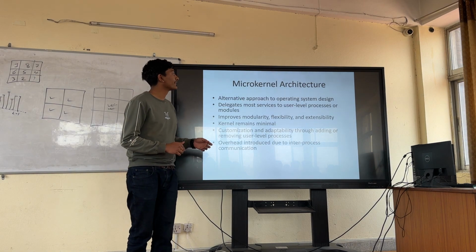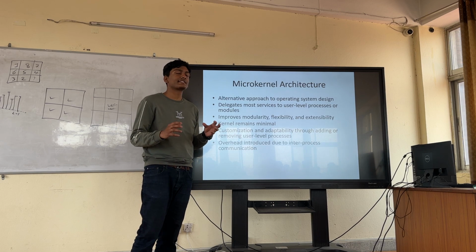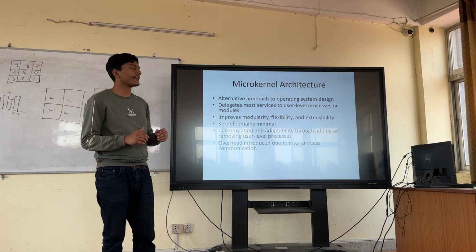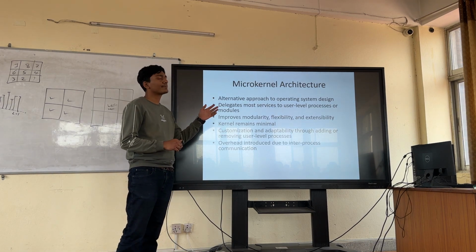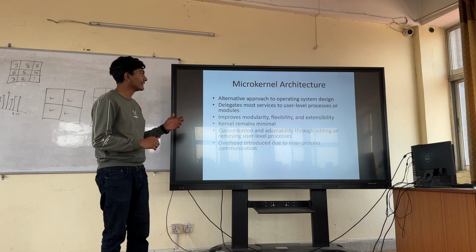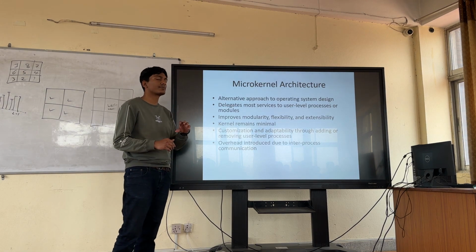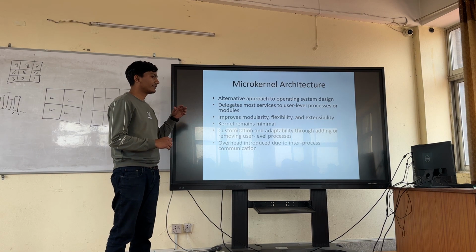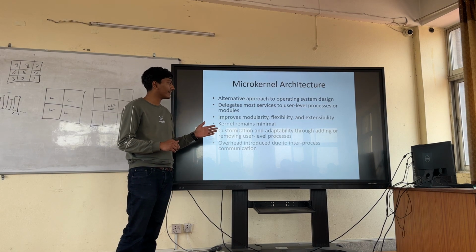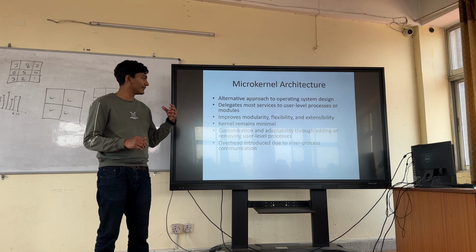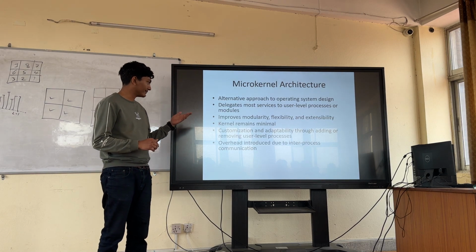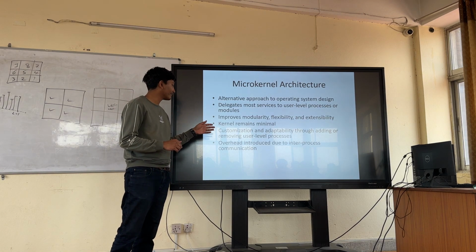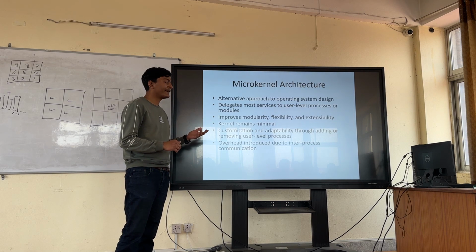The next is microkernel architecture, where the functionalities are grouped into user space and kernel space. As the name suggests, in a microkernel the kernel size is very small. Most of the functionalities are in the user space. This makes the architecture more modular and maintainable.